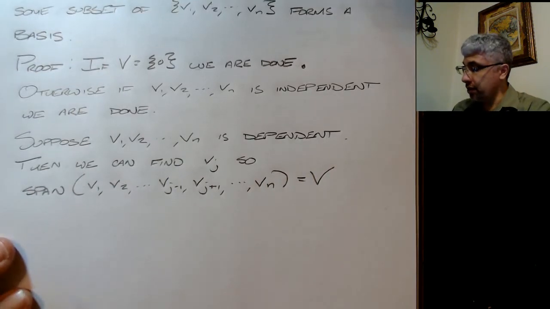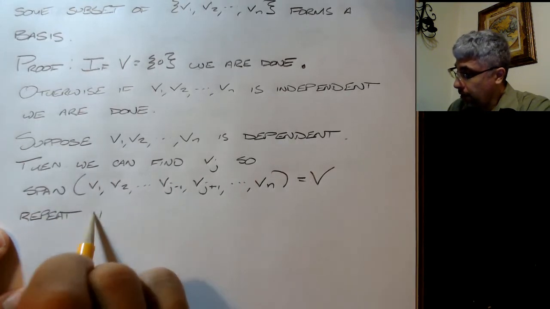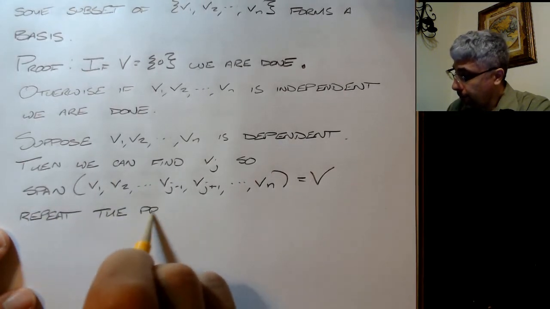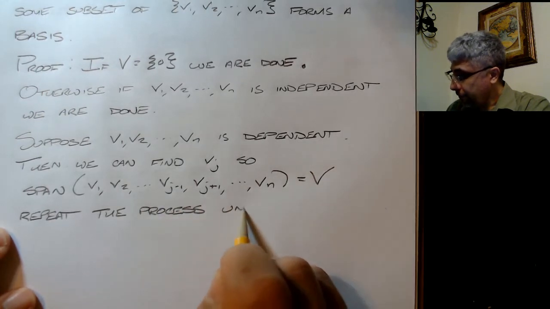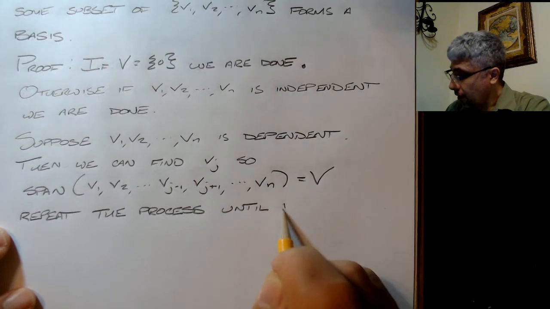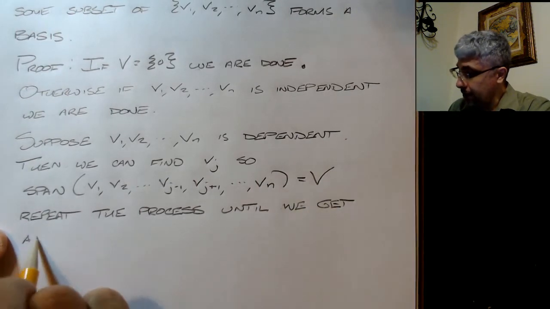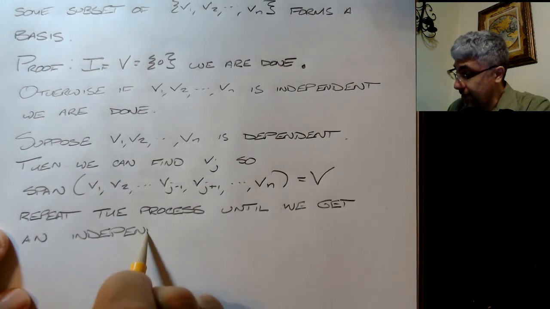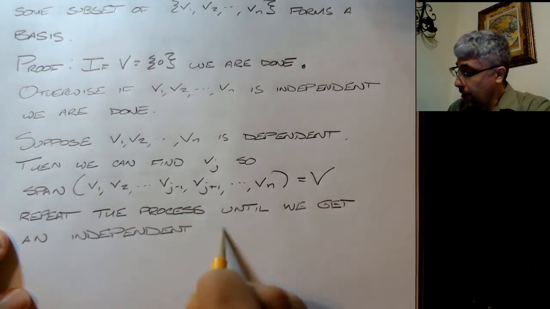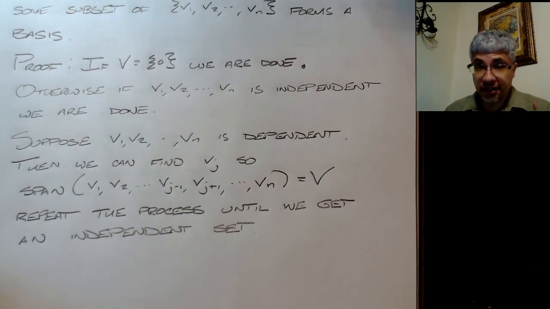So what I'm going to do is I'm going to repeat the process until we get an independent set. Now there's something that needs to be said. How come we know the process stops? Okay, so two things to think about.